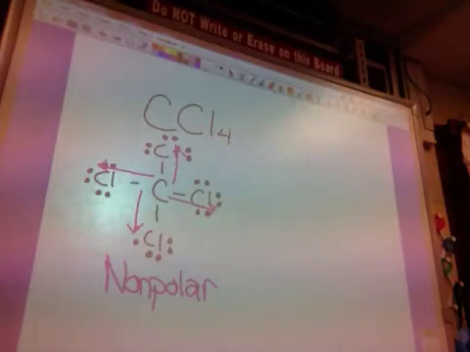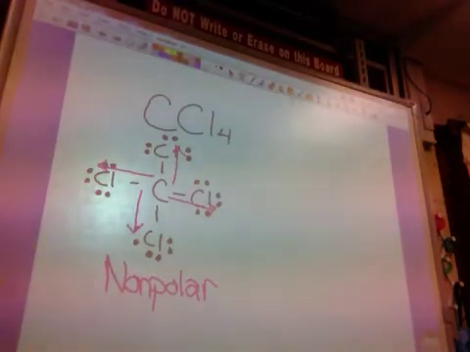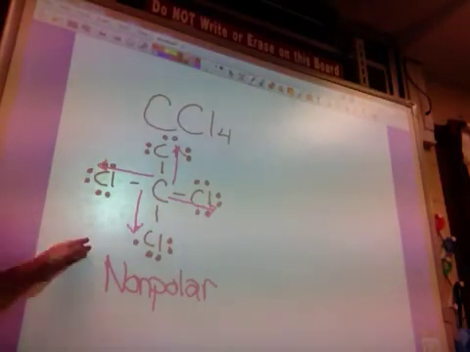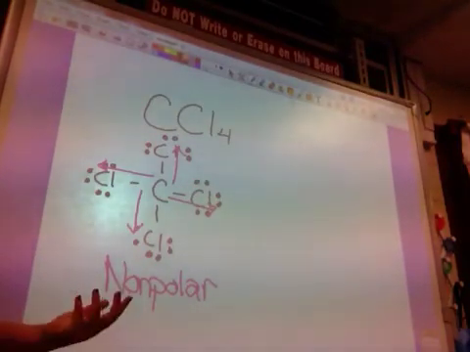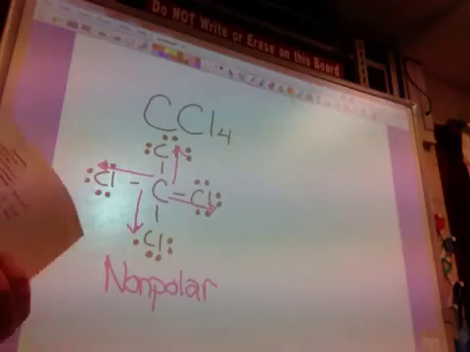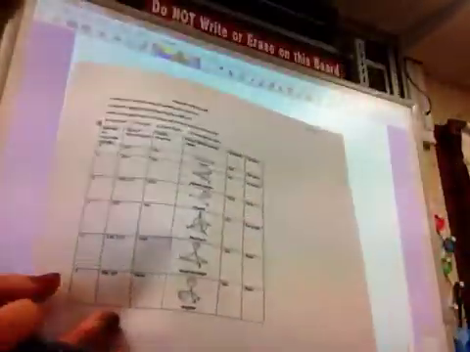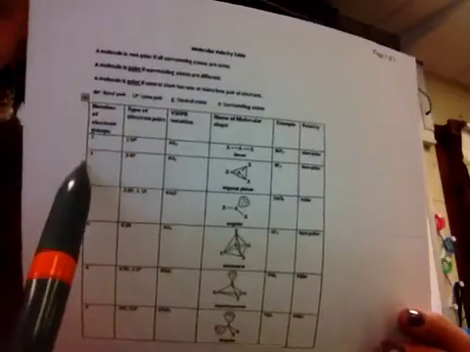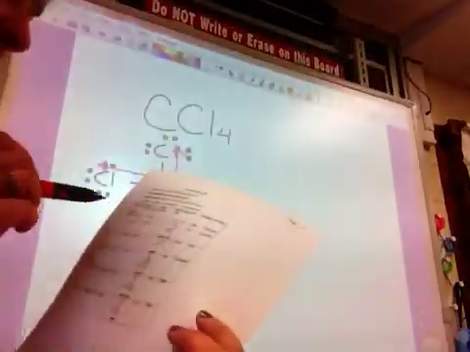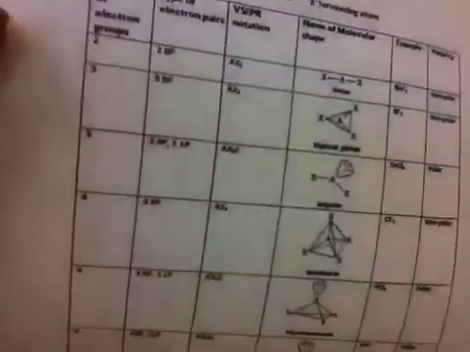Certain geometries will have specific polarities. So you actually don't even have to go through this process if you don't want to. You can actually just remember based on this page that I gave you here. So if you look at this page, I see on this first row, it says number of electron groups.